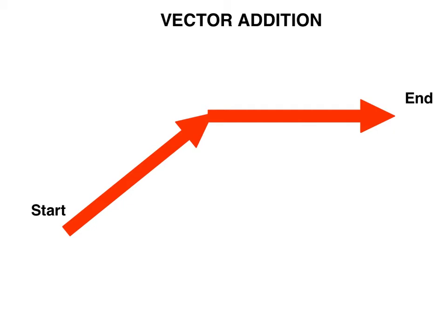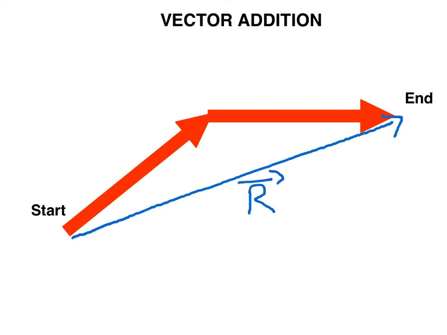And so the end is over here. So it looks almost like a set of directions. I have a start down here, where all the vectors begin, and then they follow here to here, and over here's the end. So I'm going to draw a vector from the start to the end. And that is my resultant.